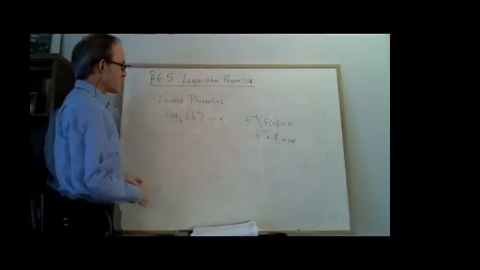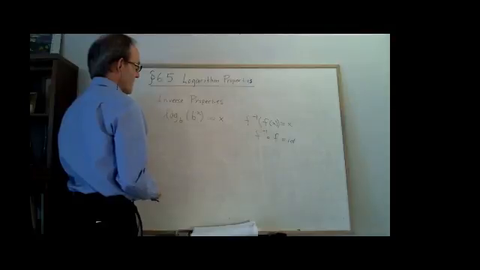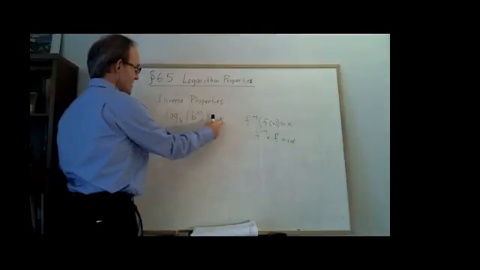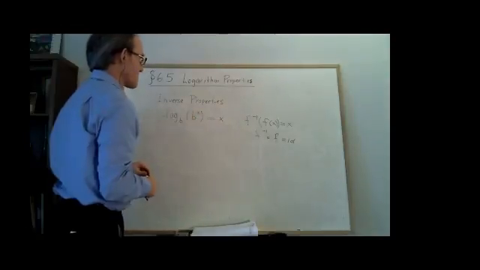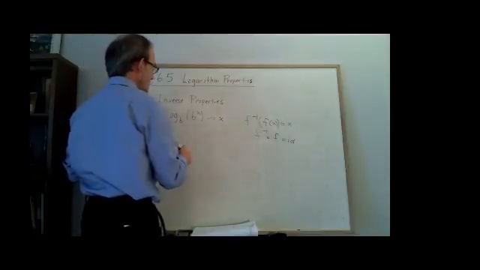So the answer to the question, what power do you have to raise b to get b to the x? The answer is just x. So that's pretty much more or less obvious.